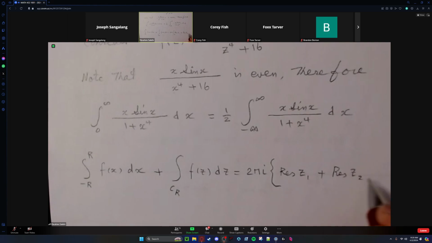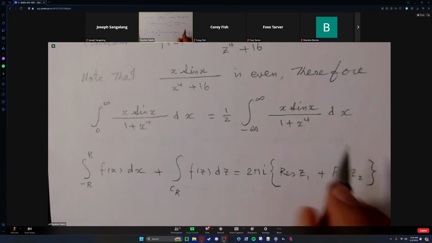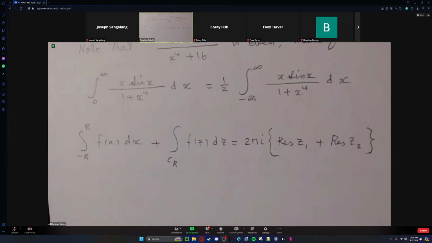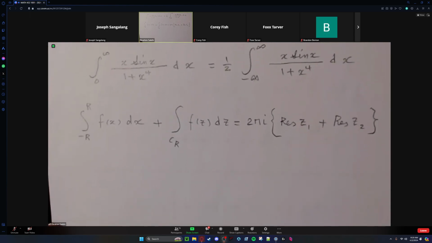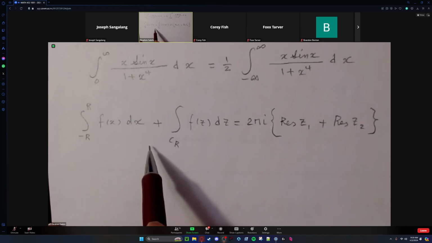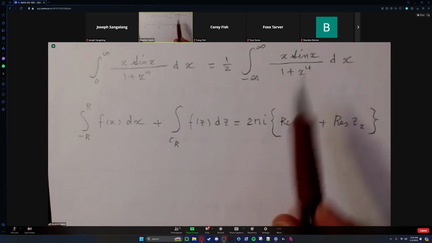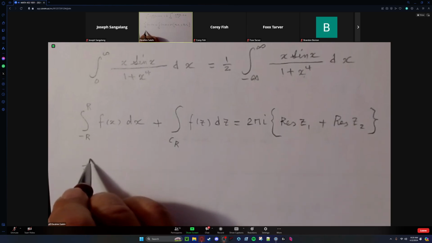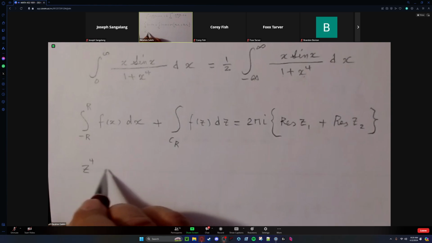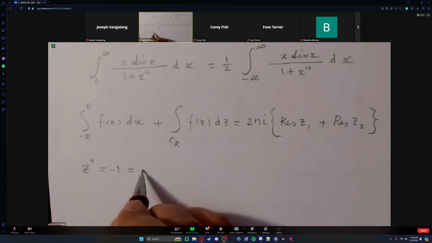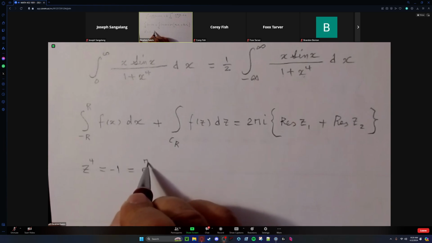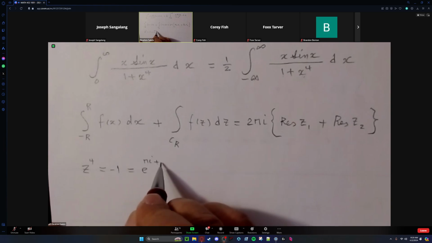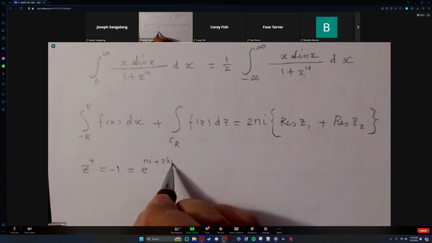Why do I say this? Because the poles are zeros of the denominator, and zeros of the denominator, z to the 4 plus 16 equals 0, means z to the 4 is e to the pi i plus 2k pi i, right?